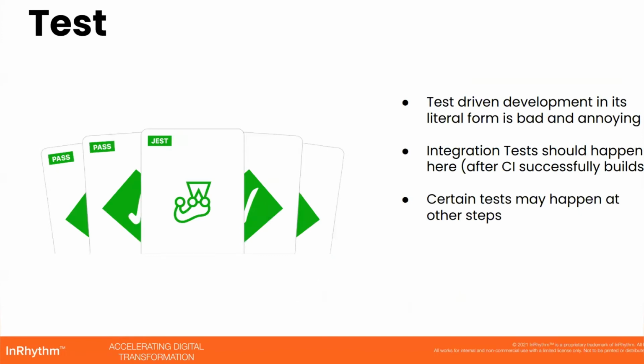The next stage is the test stage. All the different DevOps diagrams will throw testing in here. Here, I think they're really talking about integration testing and running a test suite that might take 10 minutes, 5 minutes, depending on what it is that you're testing.